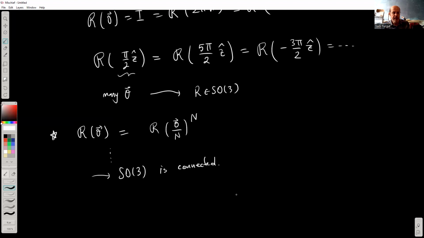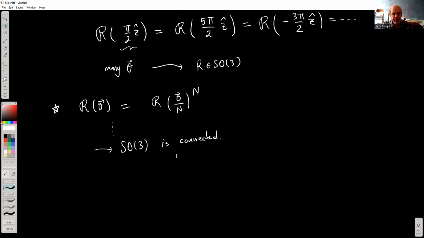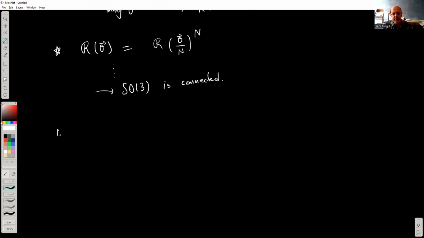Okay, so there is also a similar theorem about the finite subgroups of SO3 or O3. This is slightly more complicated, so I'm going to come back to this later.